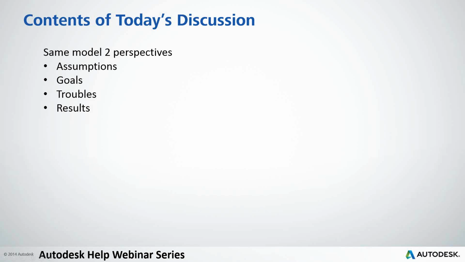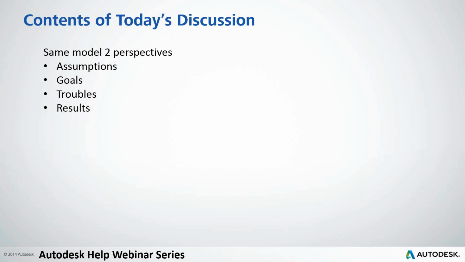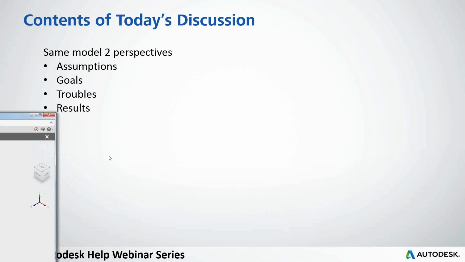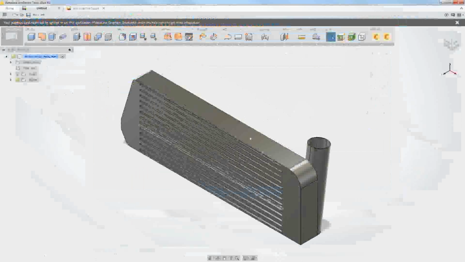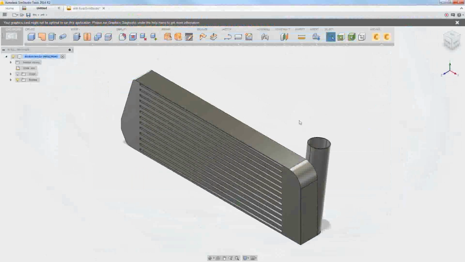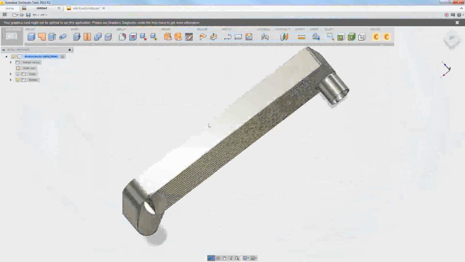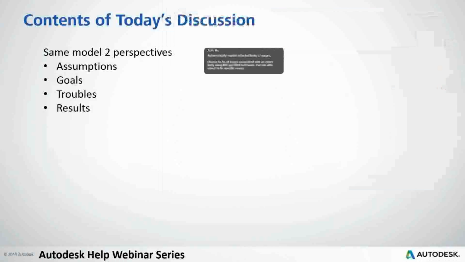So really what we did here was we grabbed the same model off of GrabCAD. This is what Amal and I found on GrabCAD, and we said, let's take this original and do some analyses with it.